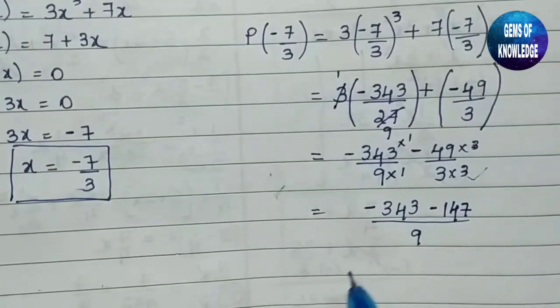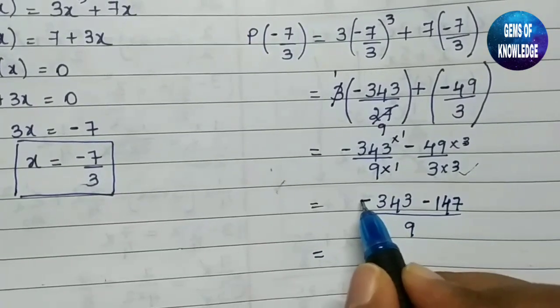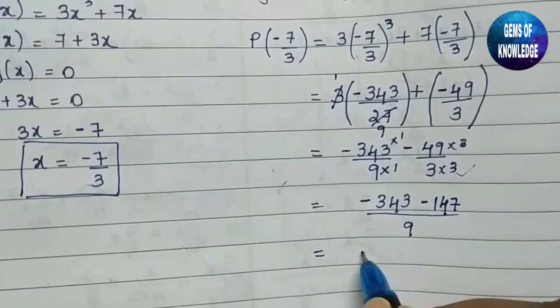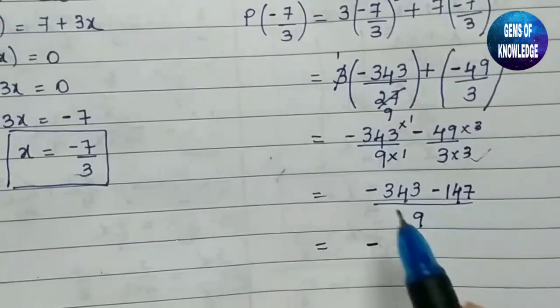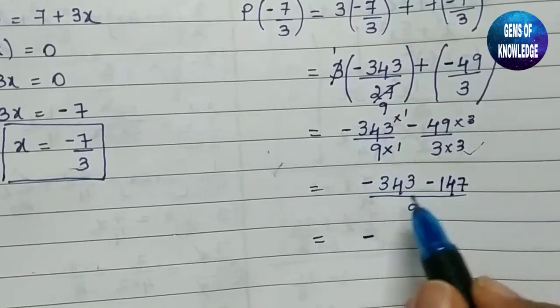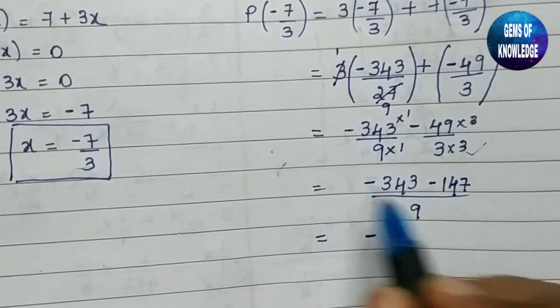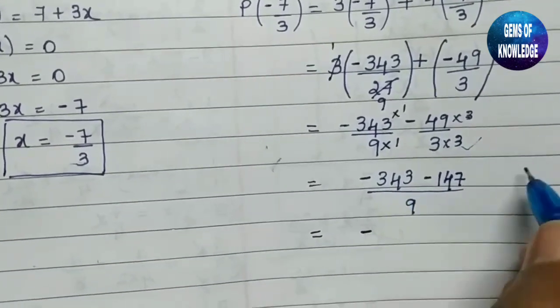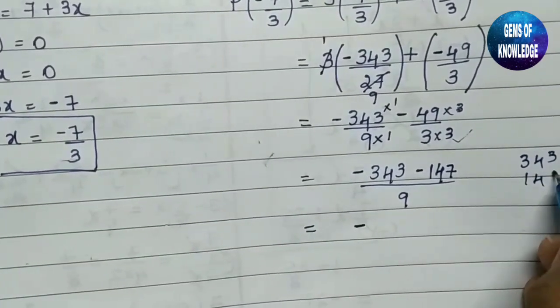So here when we subtract this, you can see both are with minus signs. So we should remember that whenever we have two minus signs, what we need to do here is add them.